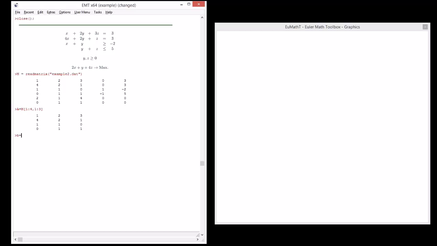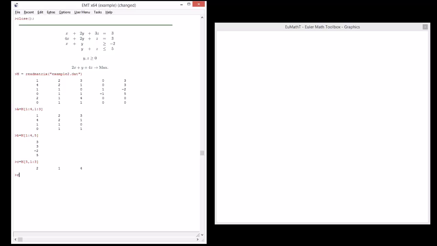B will be the row 1 to 4 and the column 5 of M. Of course, the target function is M, the 5th row and the first 3 columns.